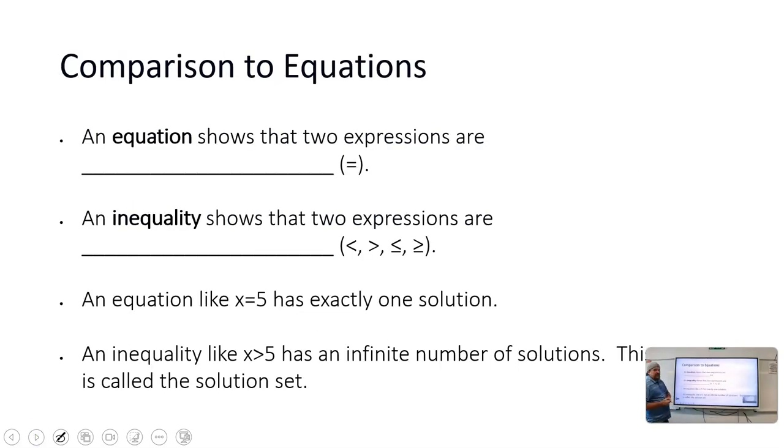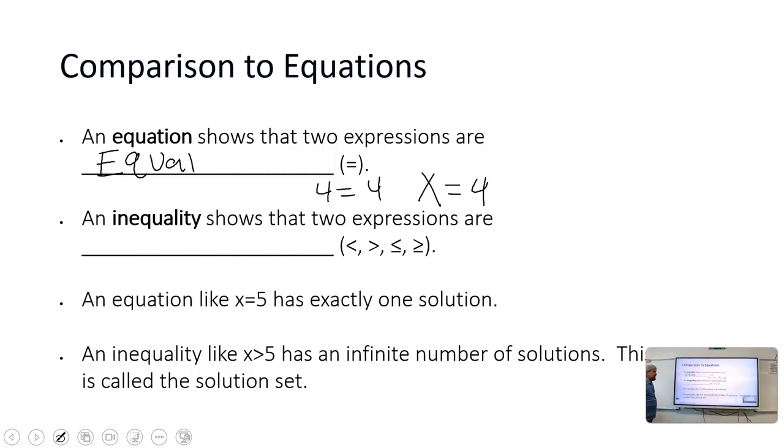So here, any number bigger than 4 would be in my solution set. All right, let's compare these 2. You're used to a lot of equations. An equation shows that 2 expressions are equal to each other, for example, 4 equals 4, or with a variable, x equals 4.